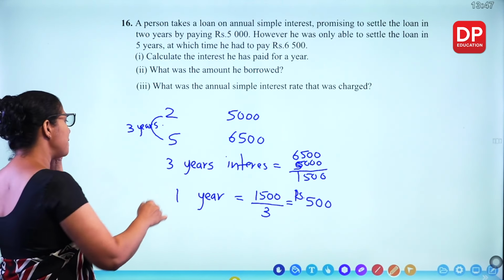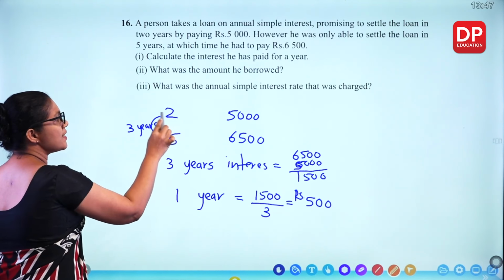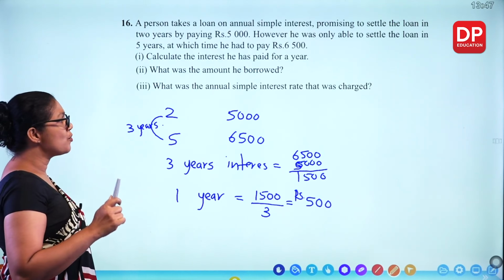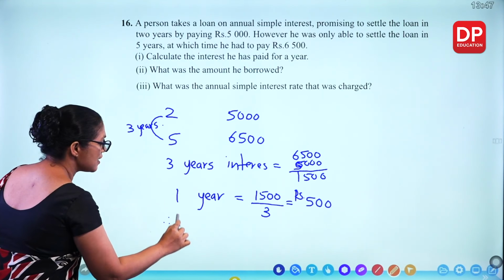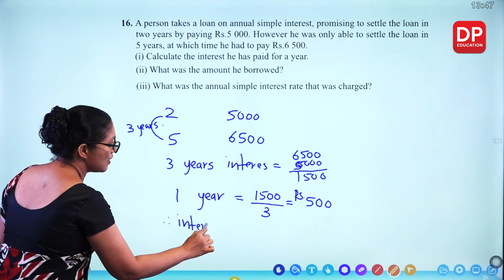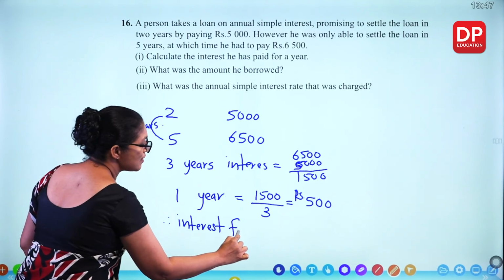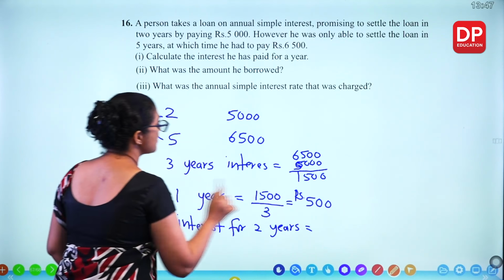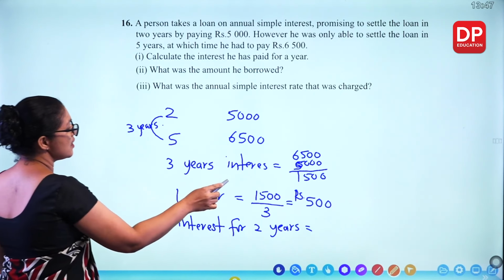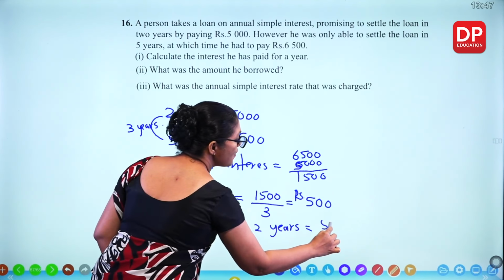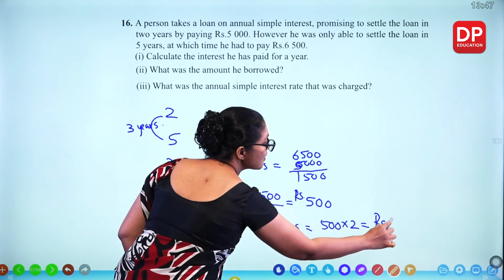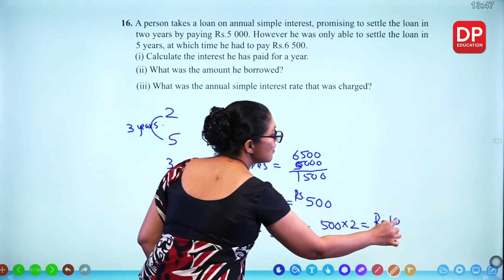Now, if the initial plan was to pay for 2 years, what's the interest for 2 years? Interest for 2 years was 500 into 2. That is 1,000 rupees.